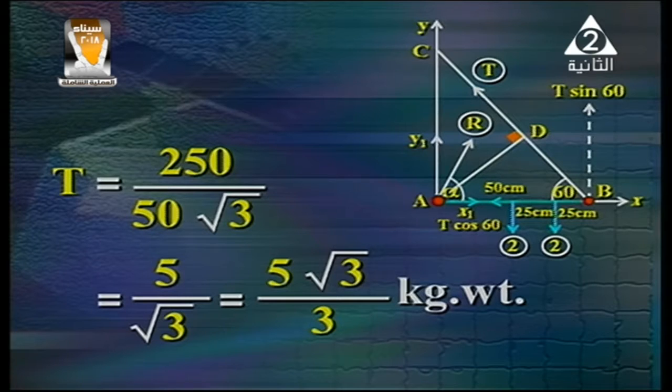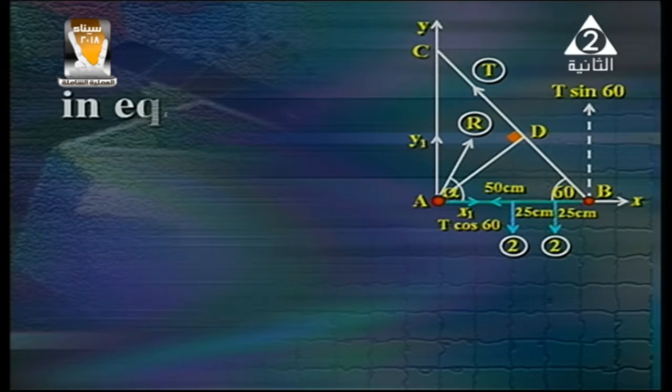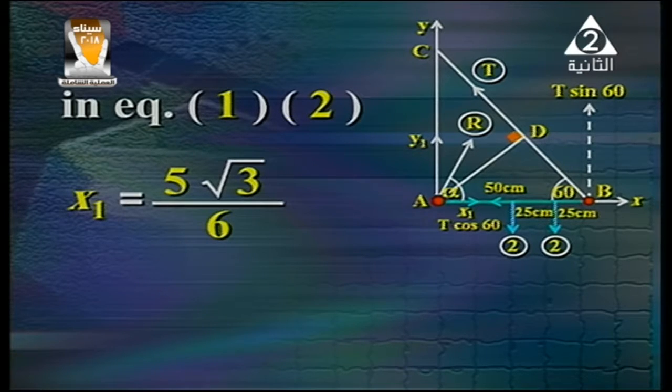Remember, dear student, we have two equations. The first equation has unknowns x1 and T, and the second has y1 and T. After that, by substitution in equation 1 and equation 2, we find the values of x1 and y1.